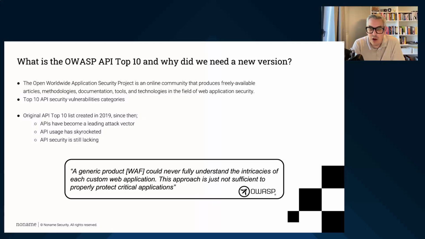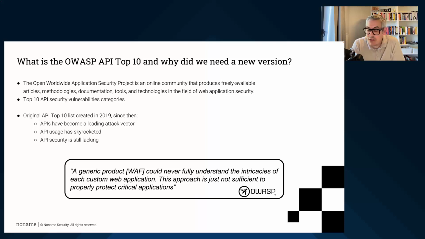We have a long way to go to achieve that, but it's a noble goal nonetheless. They're most famous probably for their top 10 list, specifically their web application security top 10 list. But as this session shows, they also have one dedicated to APIs. And more recently, they did one on LLMs as well.